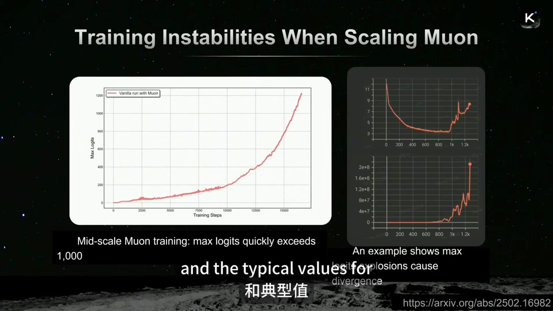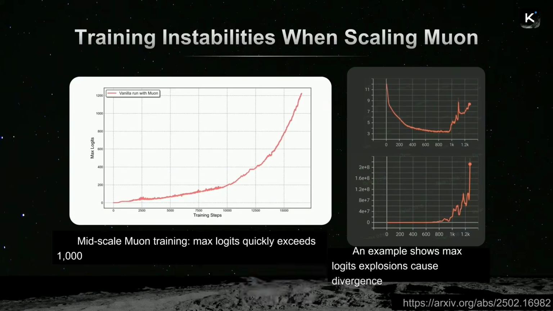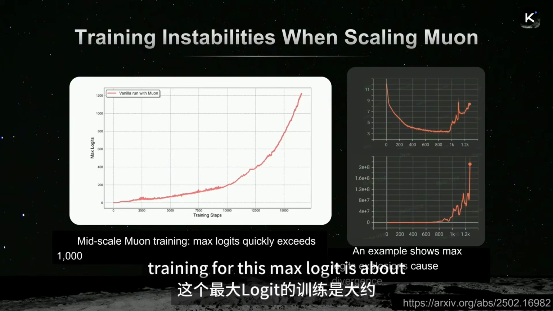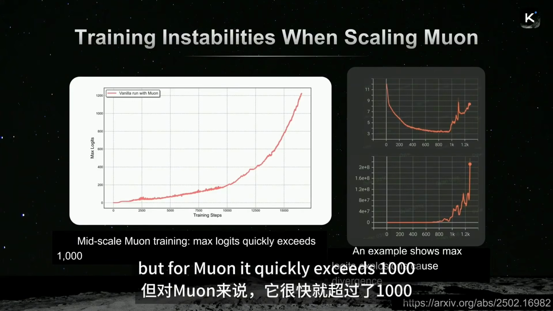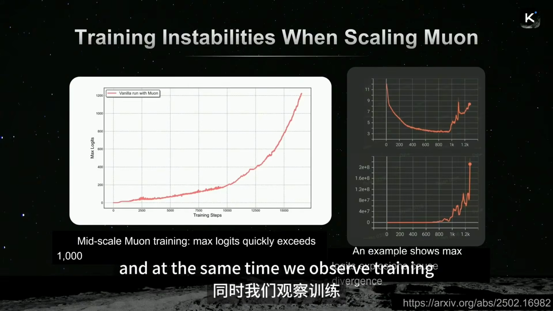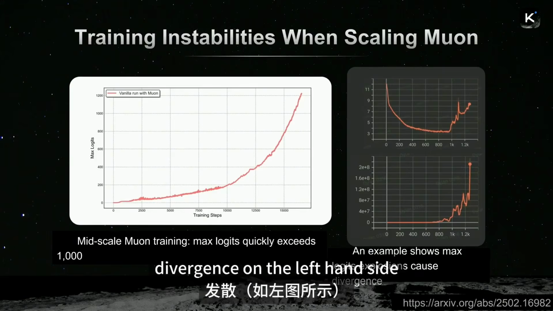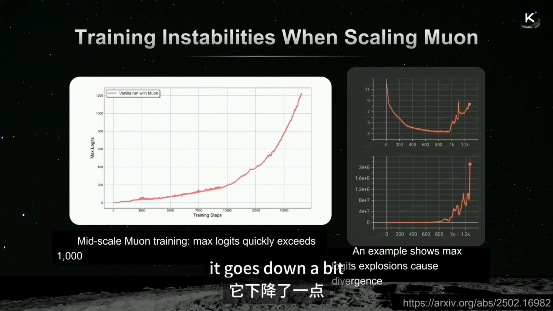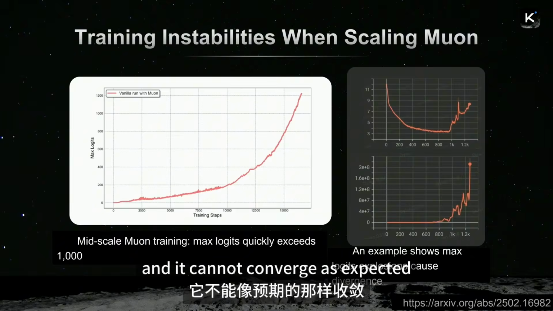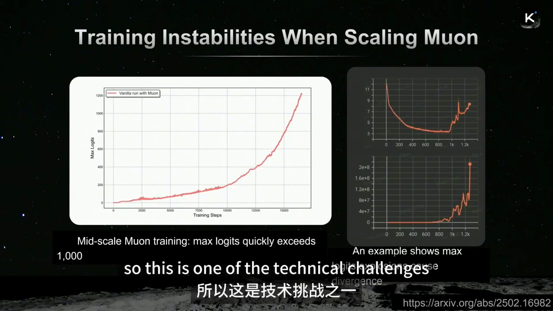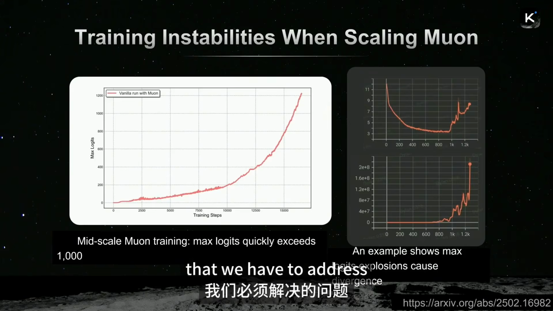The typical values for this max logit are about 50, or maybe less than 100. But for Muon, it quickly exceeds 1,000. At the same time, we observe training divergence. If you look at the training loss, it goes down a bit, but at the end of the day it explodes and cannot converge as expected. So this is one of the technical challenges that we had to address.